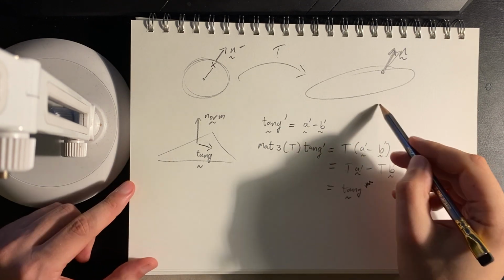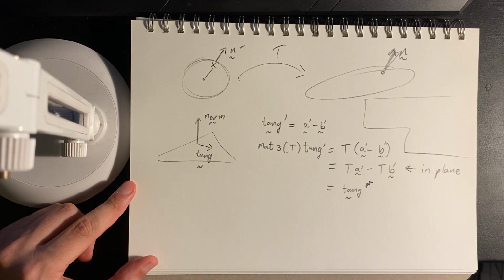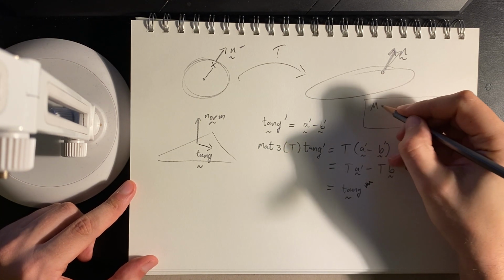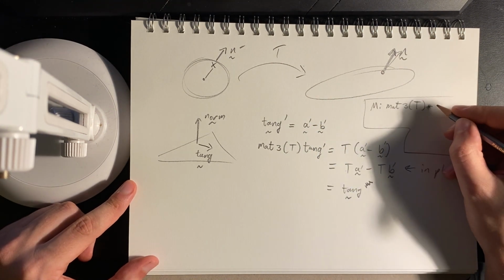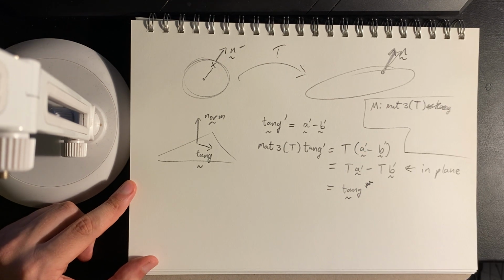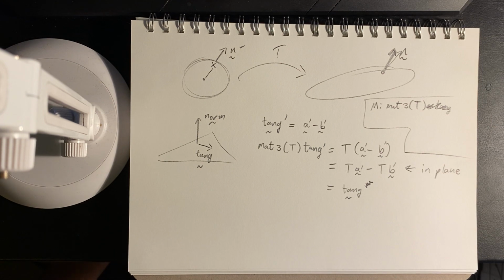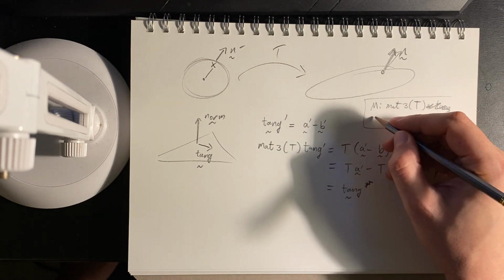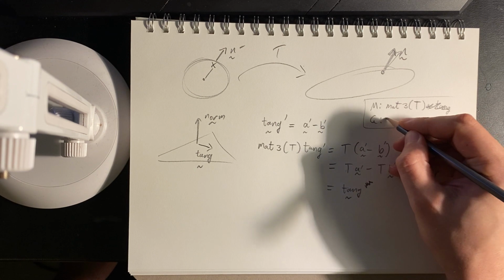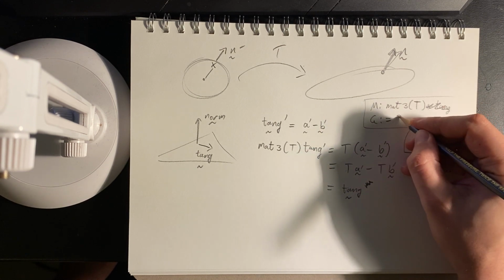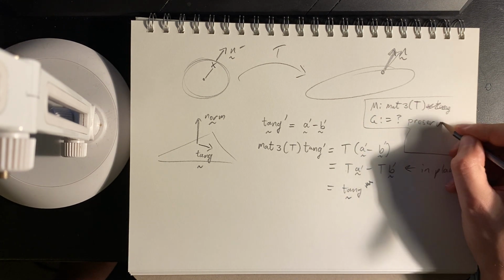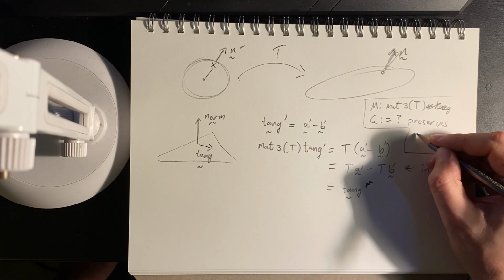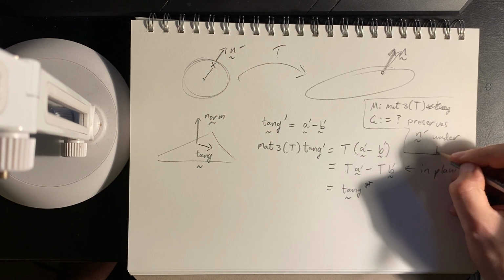So now we can just define a few variables. We'll define a matrix M, actually, just the 3x3 matrix of the transform T, and then I'm going to define a matrix G, which is unknown, but it preserves normal under the transform.